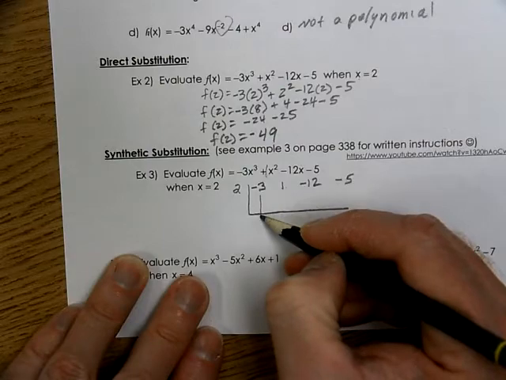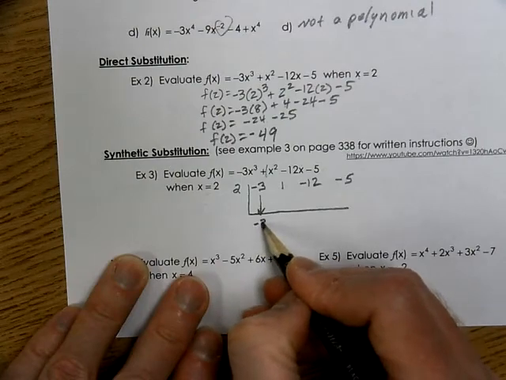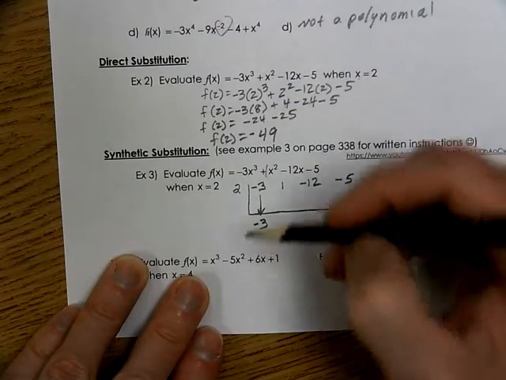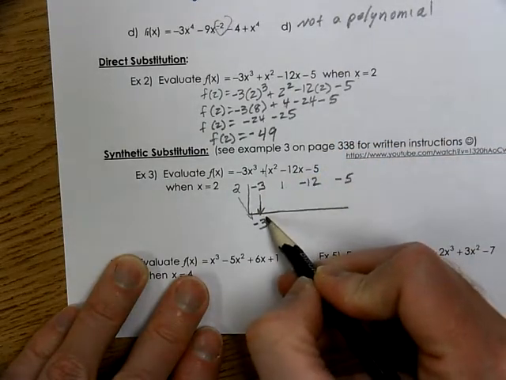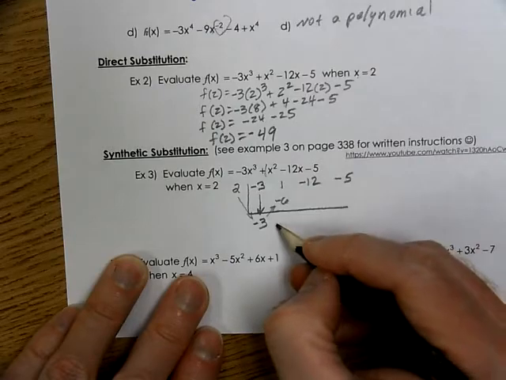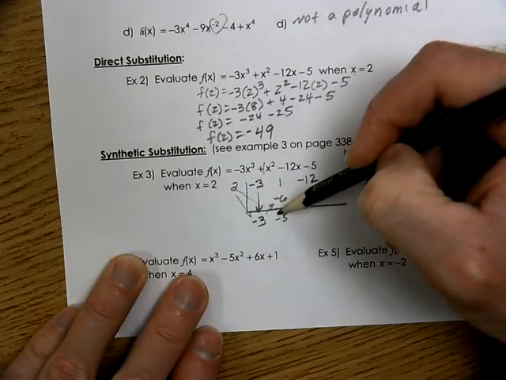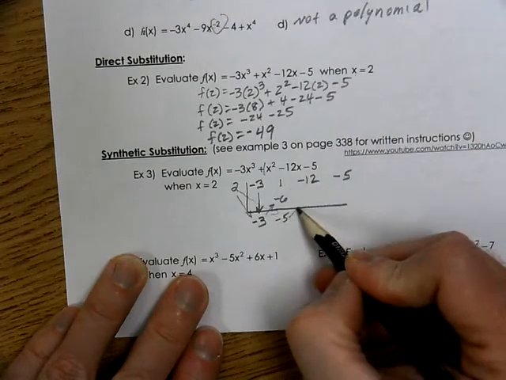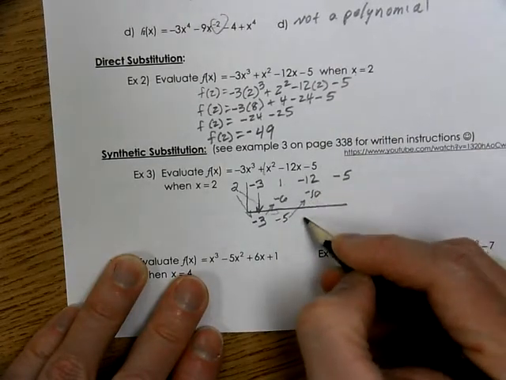You always drop down. Alright, when we're doing synthetic substitution, you drop down your negative 3. From here, you're going to multiply and bring it up here. Negative 6, add those together. Then you multiply to get negative 10, and you bring it right here. So that's negative 22.